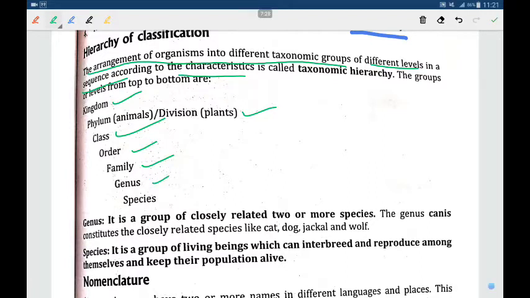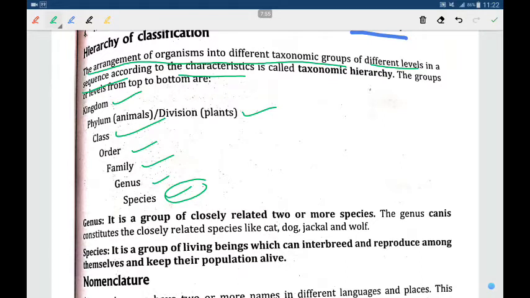many more, genus a bit fixed, species most fixed. Here the maximum number is of species. Species are joined in genus, genus in family, families in orders, orders in class, phylum, kingdom.